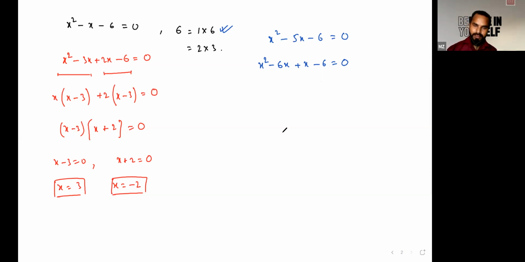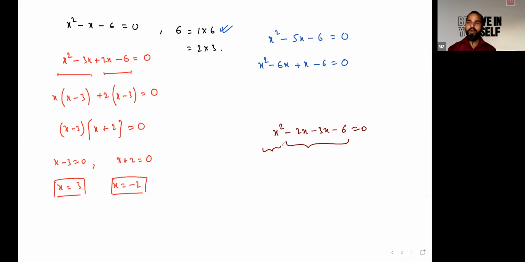If someone breaks this term like x squared minus 2x minus 3x is equal to 0, just check whether the signs are in pair form or not. We have 3 terms in negative sign and 1 term in positive sign.